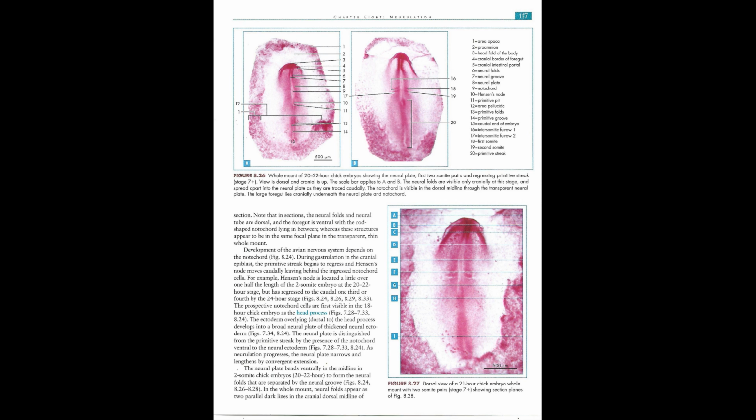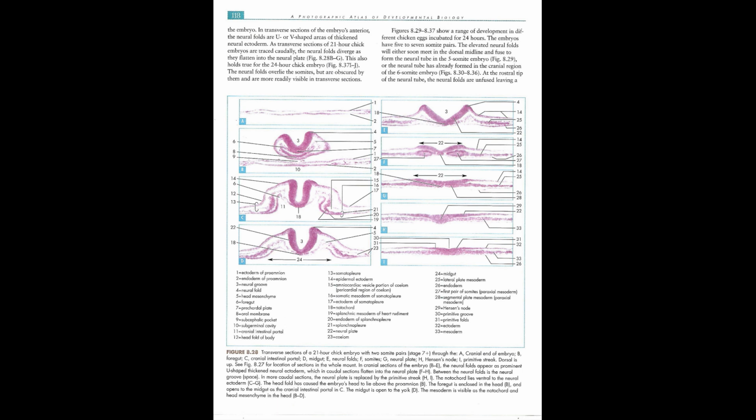In the whole mount, neural folds appear as 2 parallel dark lines in the cranial dorsal midline of the embryo. In transverse sections of the embryo's anterior, the neural folds are U or V-shaped areas of thickened neural ectoderm. As transverse sections of 21-hour chick embryos are traced caudally, the neural folds diverge as they flatten into the neural plate, Fig 8.28 b-g.